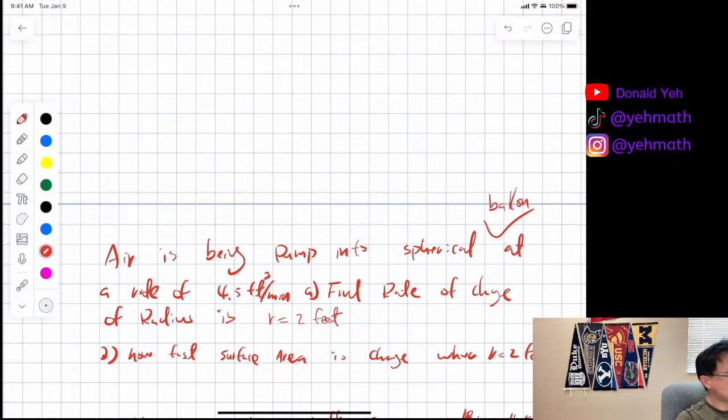That's the cubic feet per minute. What does cubic feet per minute mean? Every minute the pump is pushing in about 4.5 cubic feet of air. Oh, r equals 2. Okay, 4.5.